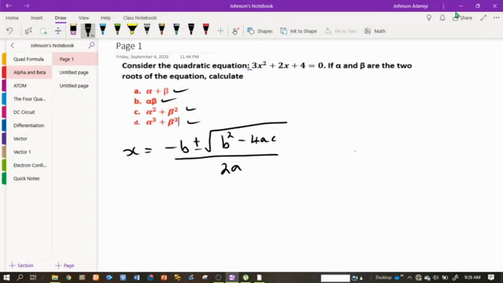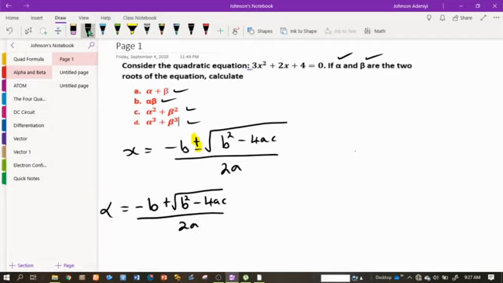Alright, so we are told in this question that the two roots are alpha and beta. So that simply means we are going to call the first root, it's going to be minus b, then we choose the positive value, so that is going to be plus the square root of b squared minus 4ac, divided by 2a.